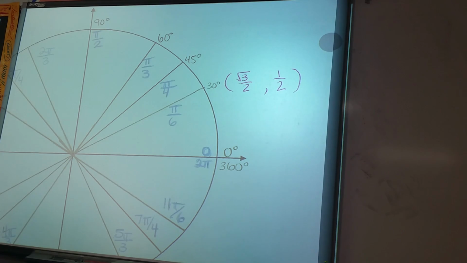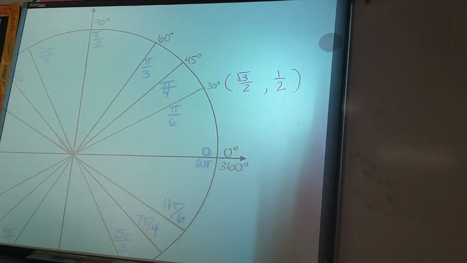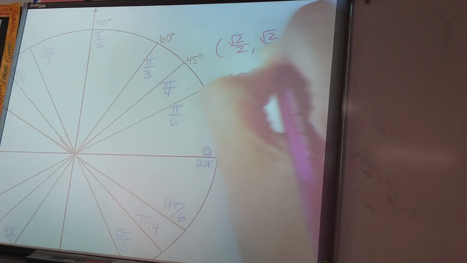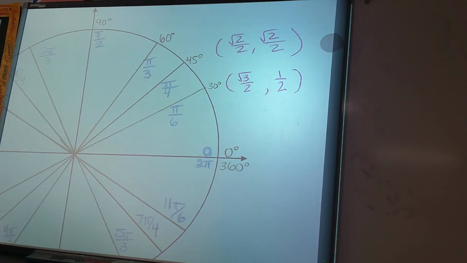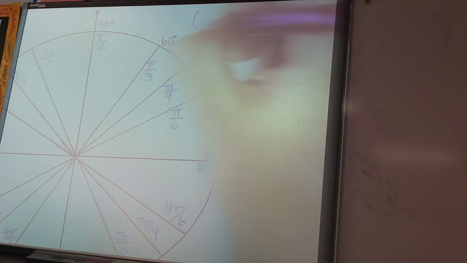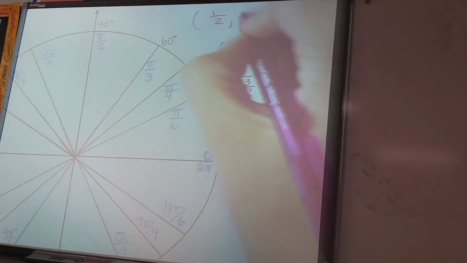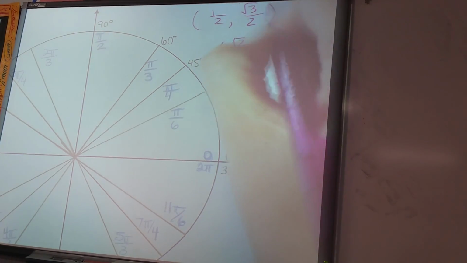Okay, for the 45 degrees, both of our x and y were √2/2 and √2/2. Okay, and then the last one, that's 1/2, √3/2.